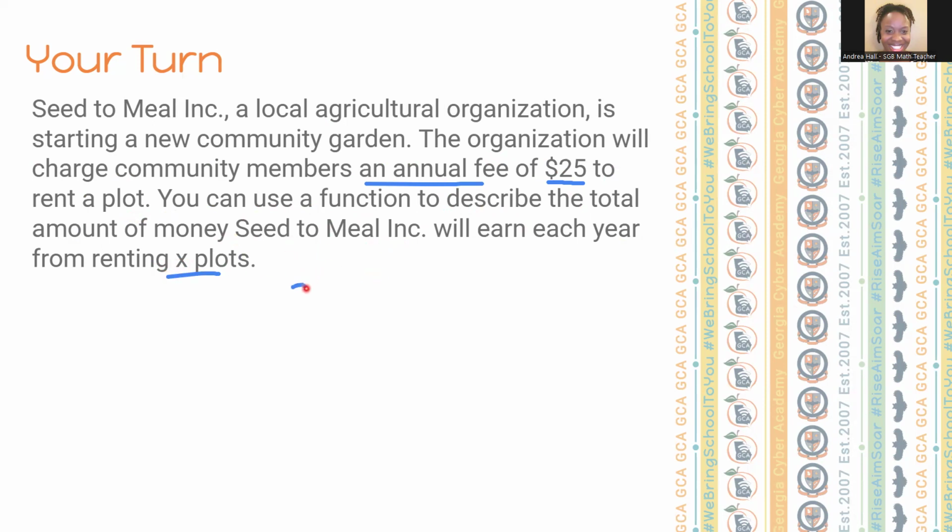So this one's actually very simple. f of x equals 25 times x. It doesn't say how many, it's not starting off with any money, so it's just renting plots. So f of x equals 25x. There you go. That's how much money you earn.